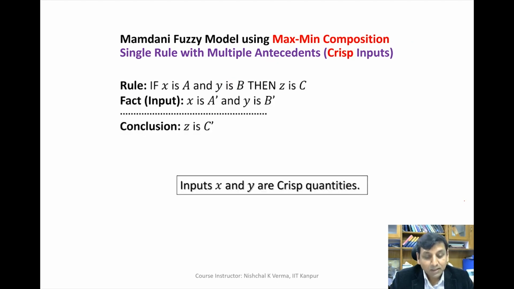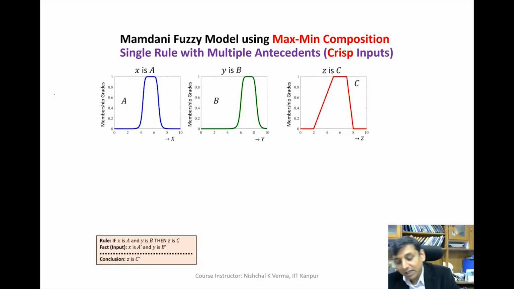Now, next, in the second scenario itself, instead of fuzzy inputs, let us take the crisp inputs. So again, on the same lines, we have the rule here, which is a single rule but with multiple antecedents.